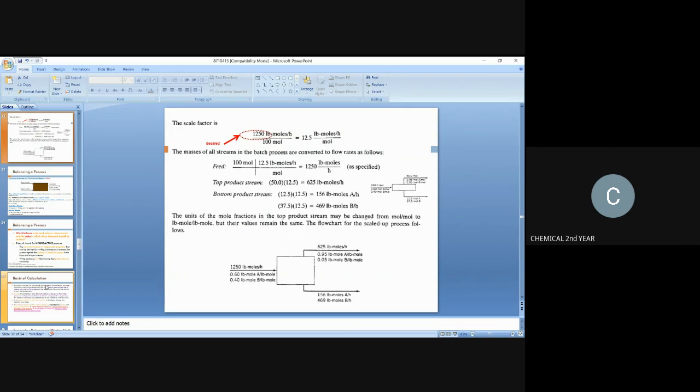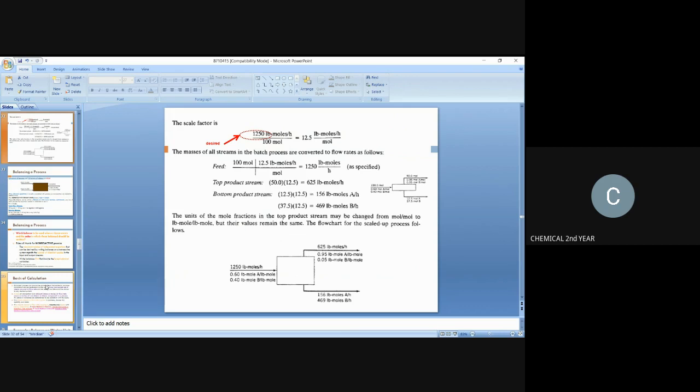The amounts of all streams in the batch process are converted to flow rates as follows: 100 moles times 12.5 lb moles per hour per mole is equal to 1250 lb moles per hour. The top product stream, 50 times 12.5, is equal to 625 lb moles per hour, and the bottom product is 12.5 times 12.5, which is equal to 156 lb moles A per hour, and 37.5 times 12.5 is equal to 469 lb moles B per hour.